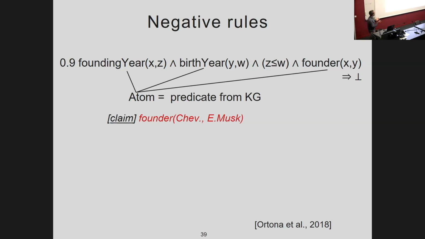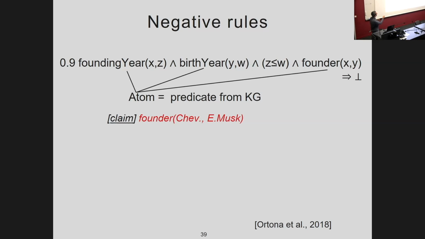Okay, so how do they look? I think that you are already able to read it, but just in case, this is the rule for the founding of the company. The founding year for the company, the birth year for a person, we are stating that this person is the founder, and we are comparing the years. If this rule can be instantiated over the atoms, the facts, the triples coming from the knowledge graph, and the triple that is the claim that is given.